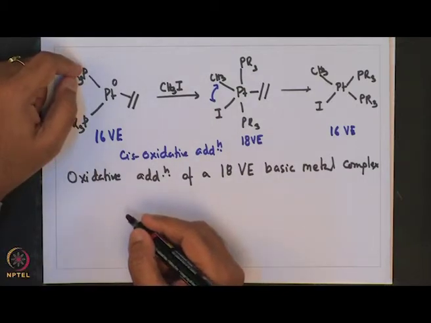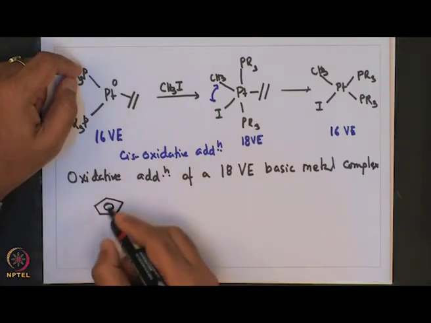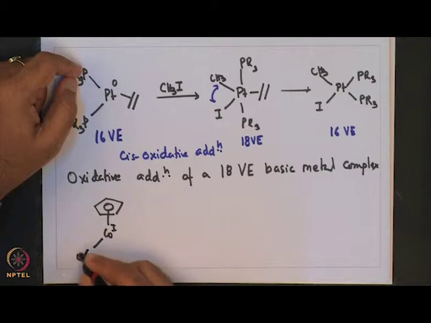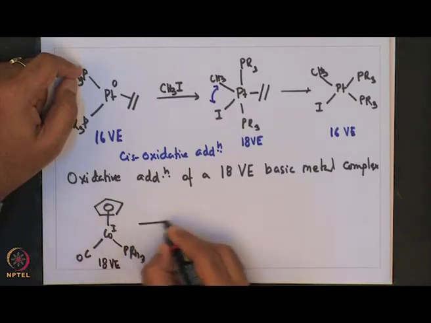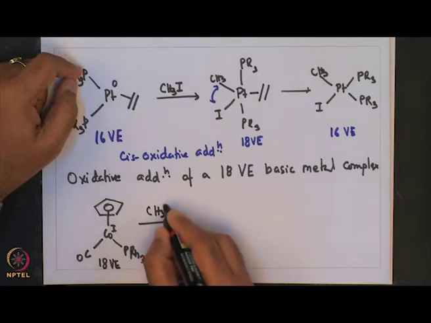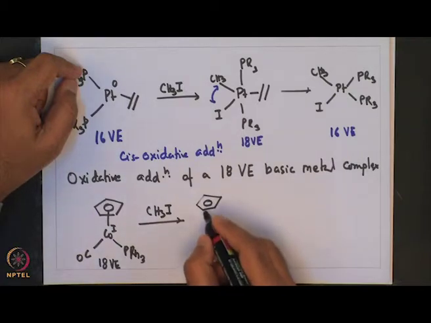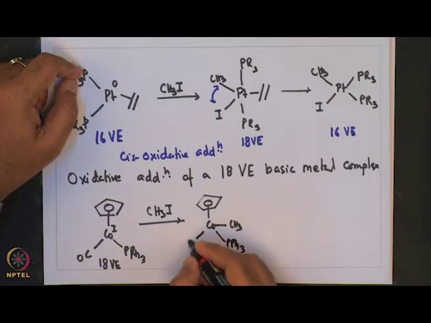For example, for the cobalt compound shown here, cobalt Cp carbonyl PPh3, which is an 18 valence electron compound, undergoes oxidative addition with methyl iodide, giving the compound Cp cobalt methyl PPh3 carbonyl.